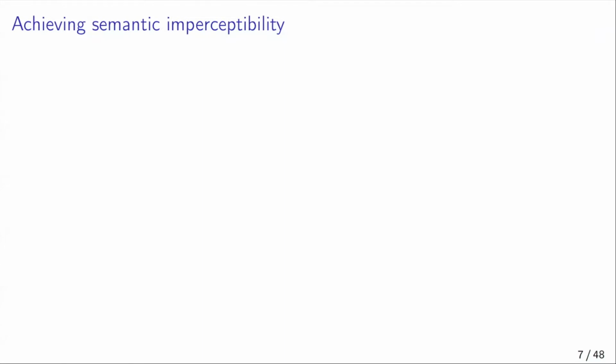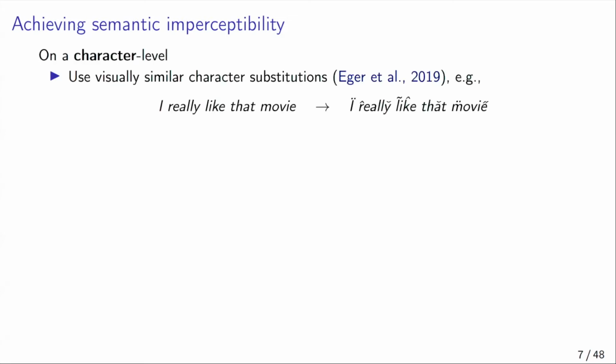Okay, so how do we achieve this kind of semantic imperceptibility? For adversarial examples in the context of natural language processing, we have three levels that we can look at. The first one is the character level, where we change individual characters of a sequence. An example paper proposed to use visually similar character substitutions, where they have an input sequence, for example, I really like that movie, and they change certain individual characters with visually similar ones.